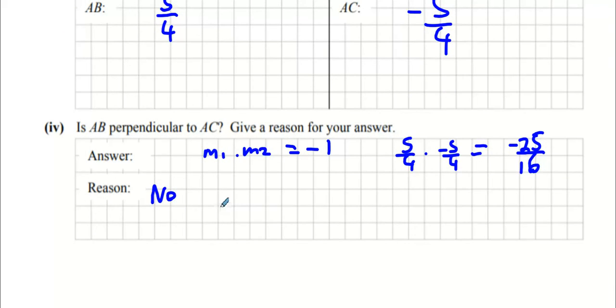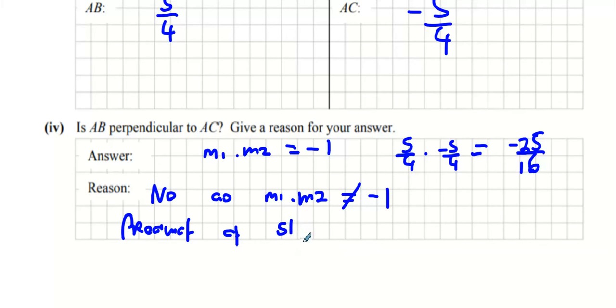The answer is no, as m1 multiplied by m2 does not equal minus 1. Or you can say the product of slopes does not equal minus 1. Happy days.